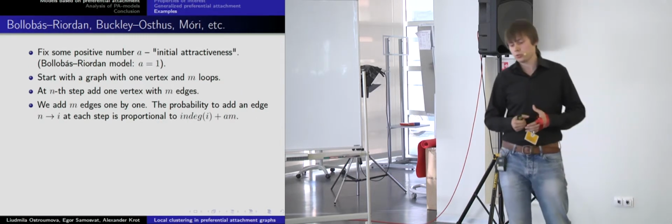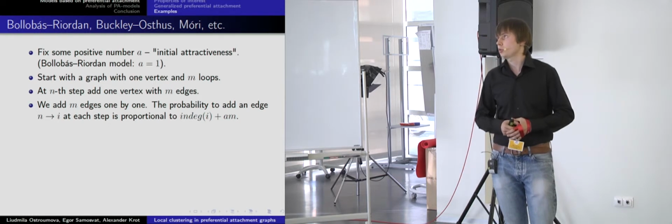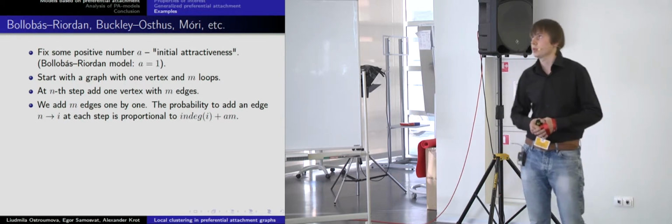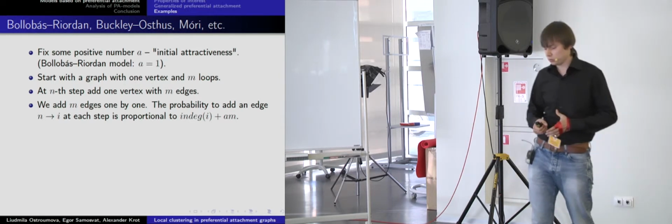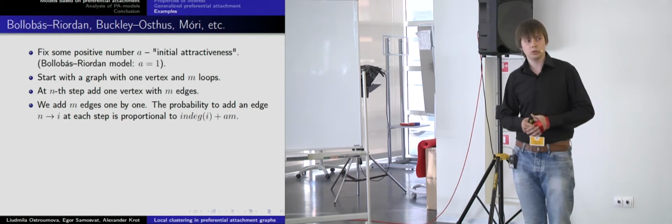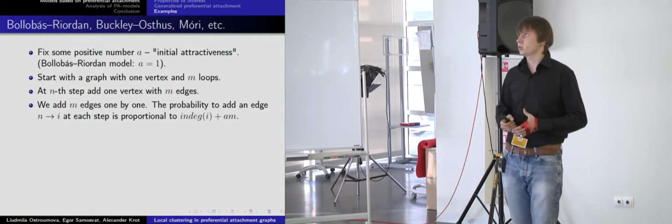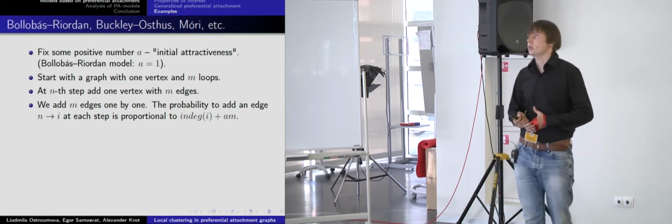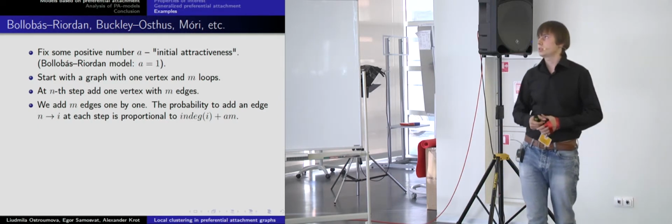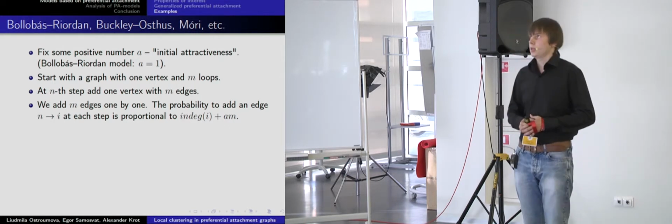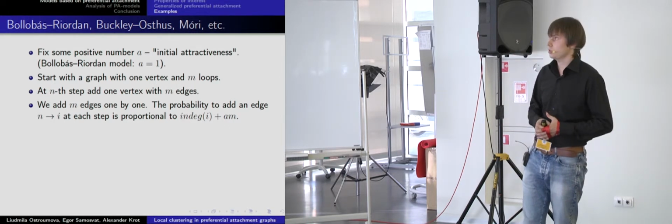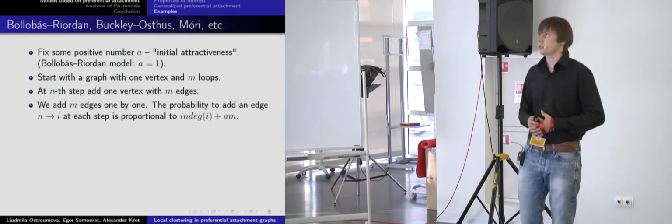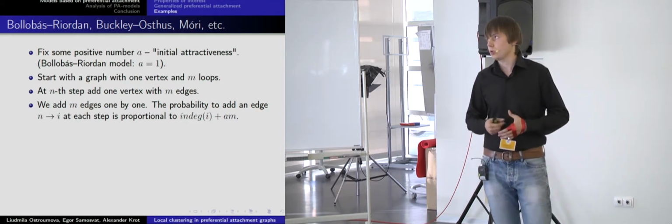Next, I will show you some examples of graphs which belong to the PA class of graphs. First, I'd like to start with a well-known model which was suggested by a lot of authors. We fix some positive parameter a. We start with one vertex and m loops. As usual, at each step we add a new vertex and m edges, and we add edges one by one.